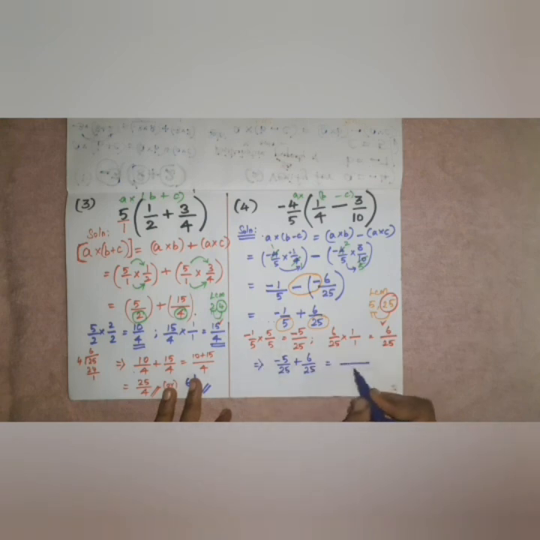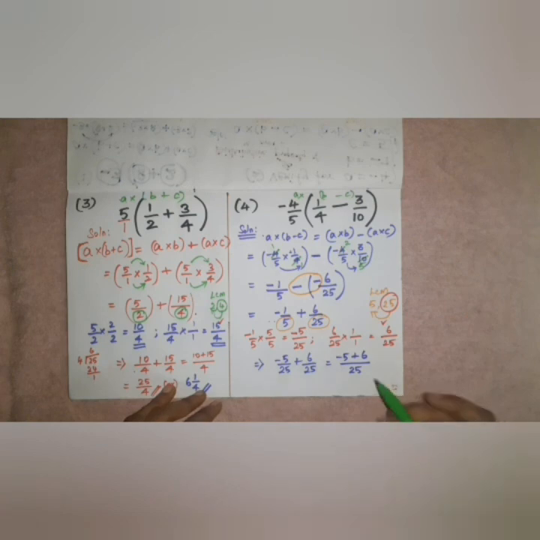Which is equal to 25 commonly written down once, minus 5 plus 6. Again integer calculation: minus into plus minus, you have to think difference. So what is the difference?